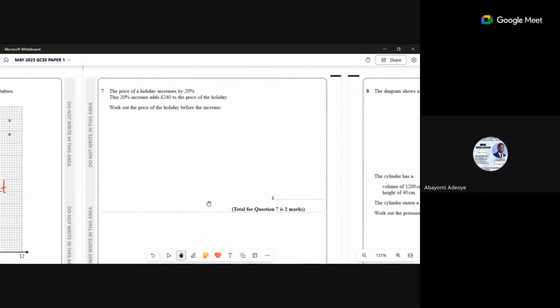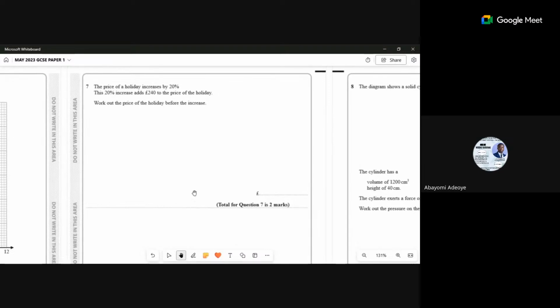So can you read this question? The price of a holiday increases by 20%. This 20% increase adds 240 to the price of the holiday. Work out the price of the holiday before the increase. So what's the increase? 20%.